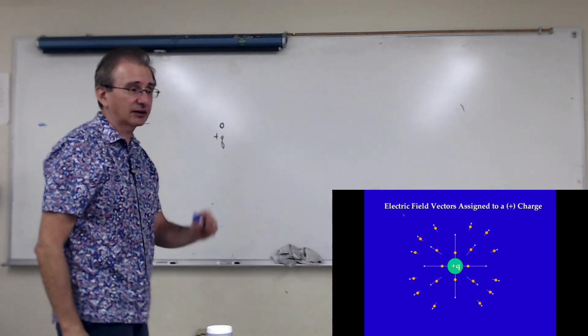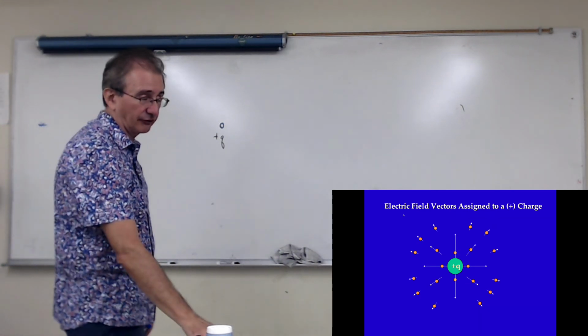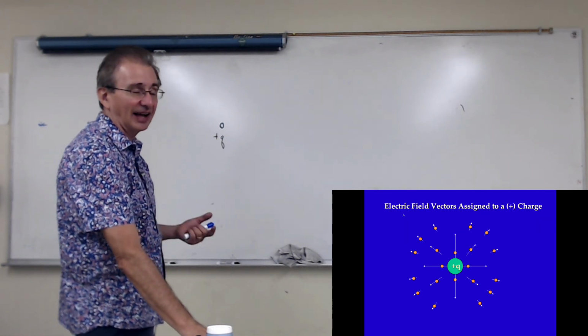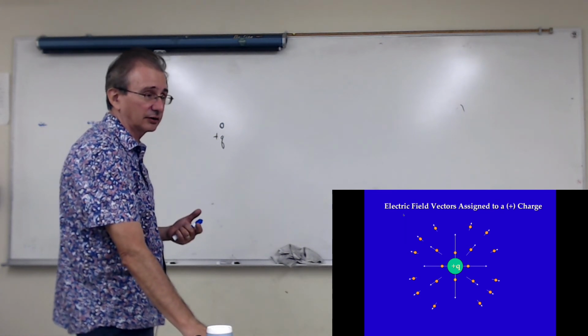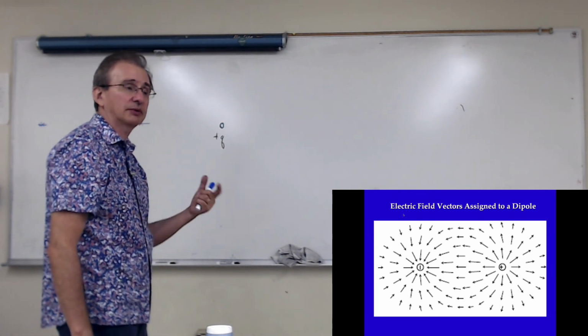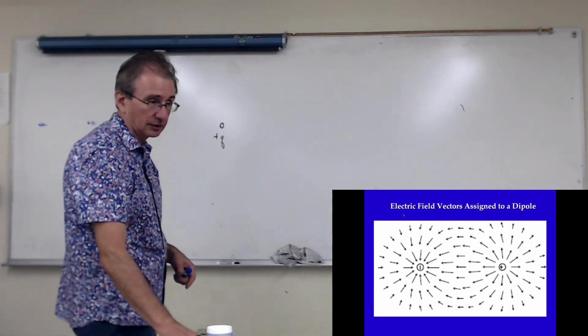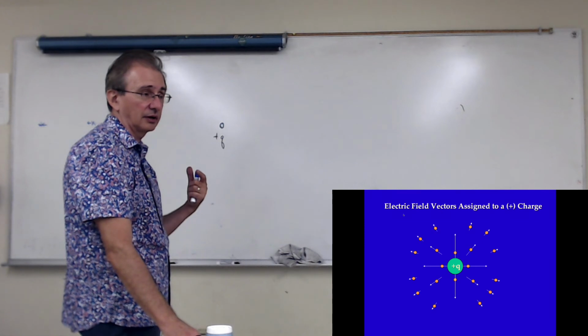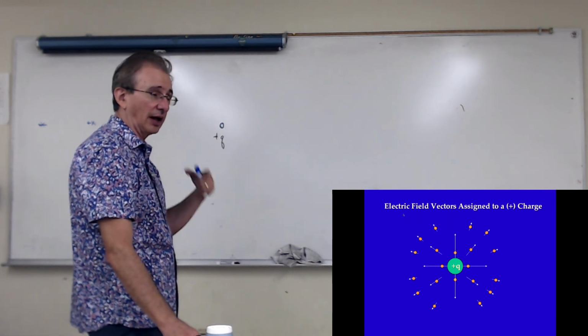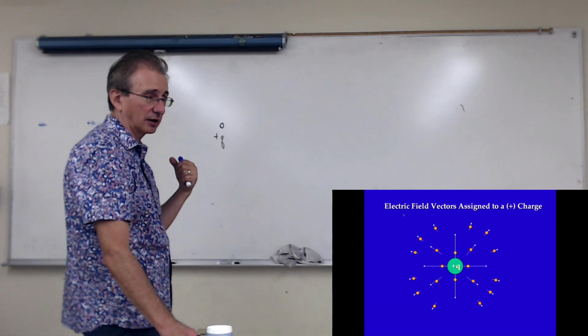But I can connect those vectors to create something called a field line. So here's the example of the vectors that are assigned in space due to a positively charged particle.